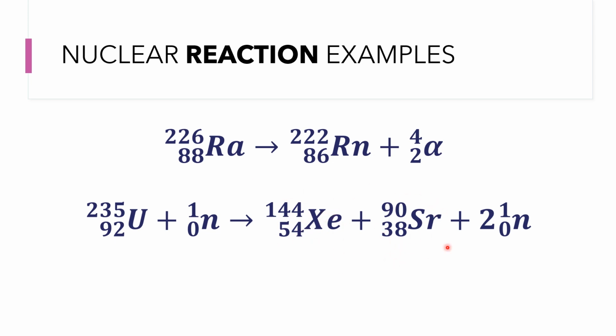So xenon and strontium are the daughter nuclides, which are relatively smaller compared to the uranium, and there is also a byproduct of neutrons, subatomic particles. So that is radioactive decay reactions.